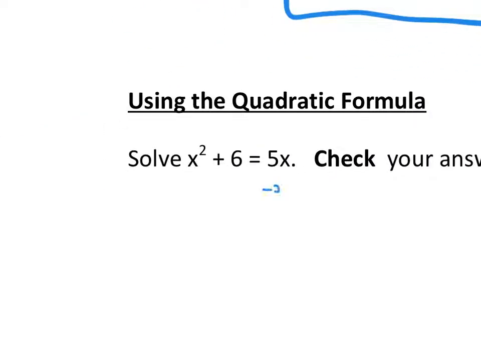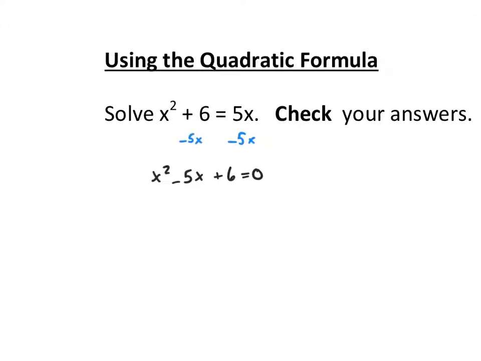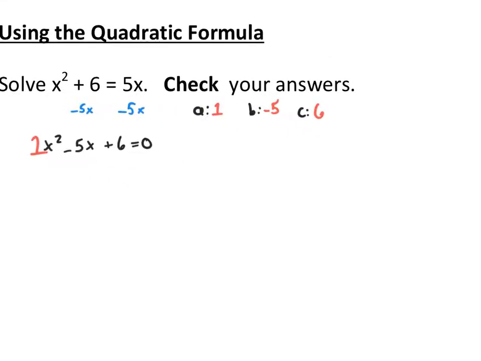So for this one, I would need to subtract 5x from both sides. And so our equation would now look like this. It's equal to 0. We're going to need our a, b, and c values in order to use the quadratic formula. Our a is this invisible 1, our b is the negative 5, and our c is the positive 6.